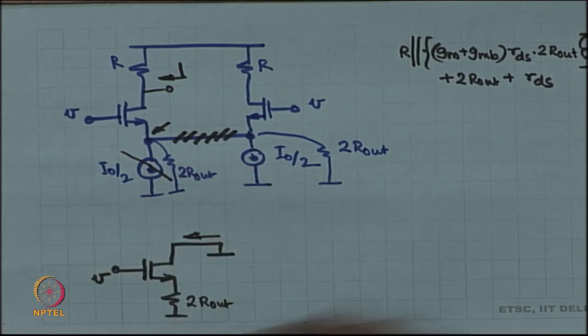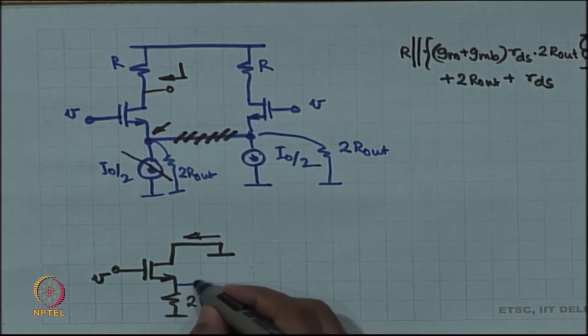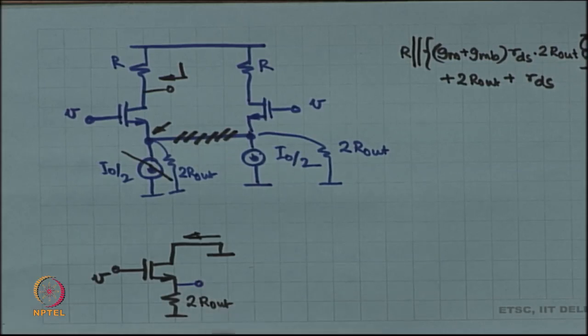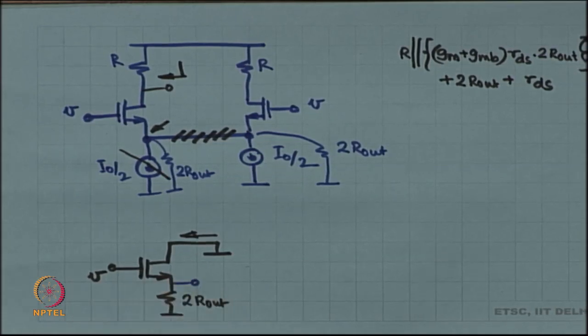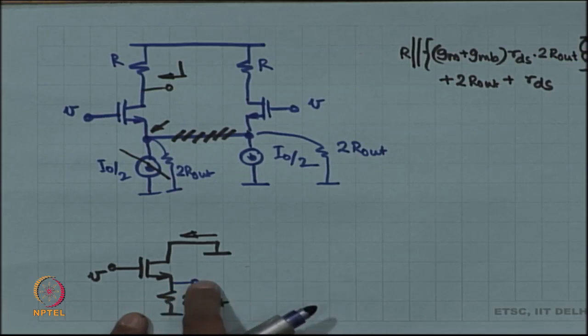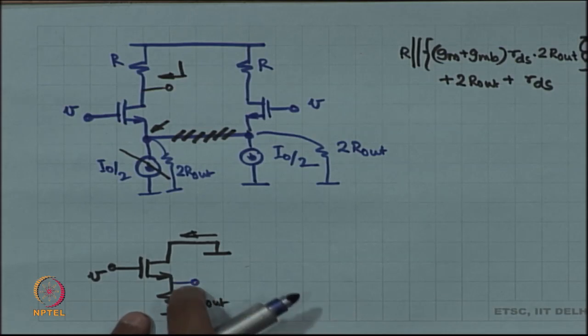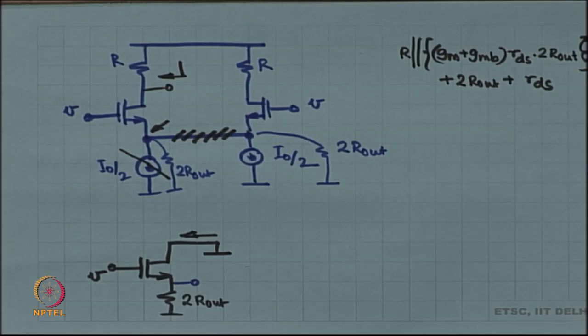Now, this is the common drain circuit, and the way you do it is to work out the voltage over here, right. In the common drain circuit, the voltage over here was slightly less than V. How much less than V was it? You can do it again, that is, you can find the output impedance and the GM looking in from here, short circuit current over here, that will give you the voltage, or just recollect a little bit, right.